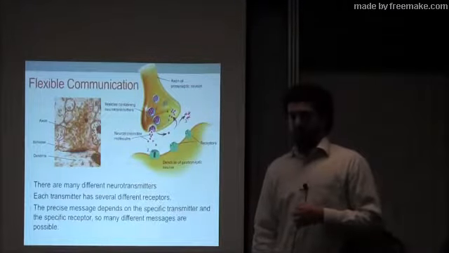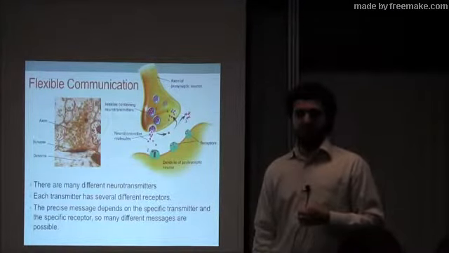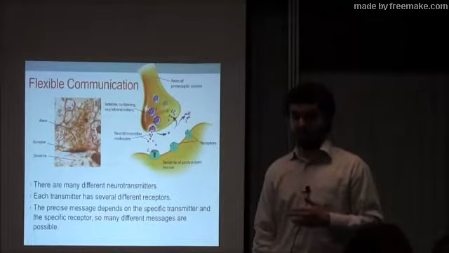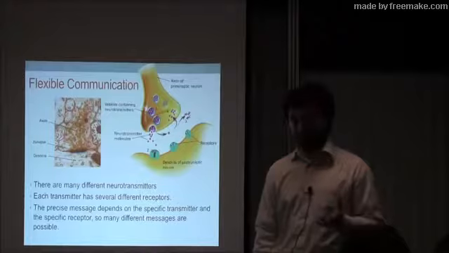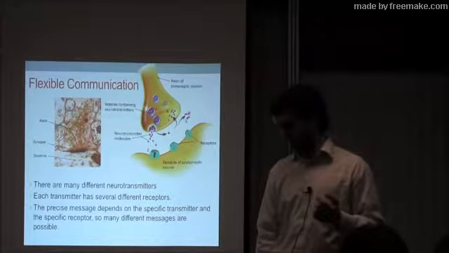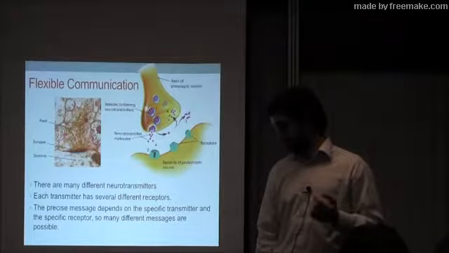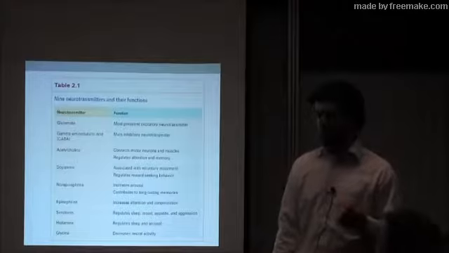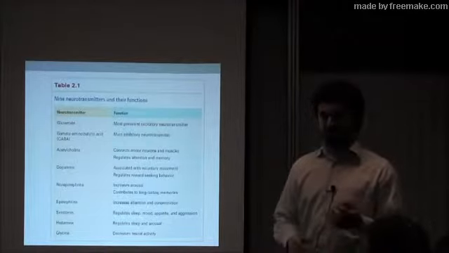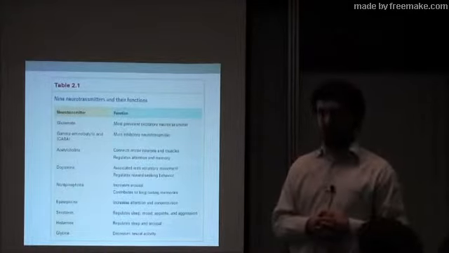As I said, there are multiple types of neurotransmitters, multiple types of receptors of a neurotransmitter, and each one of these types of neurotransmitters has a particular function that was studied in the brain. This is a table from the textbook showing different types of neurotransmitters with different functions.